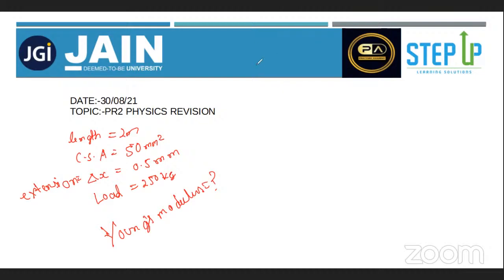I will just substitute this in the formula. So the formula will be: Young's modulus is equal to force upon area, upon delta x by L. The force is given to you; you can convert the mass into force using acceleration, so 10 into 250. The area is the given cross-sectional area, so 50 into 10 raised to minus 6.